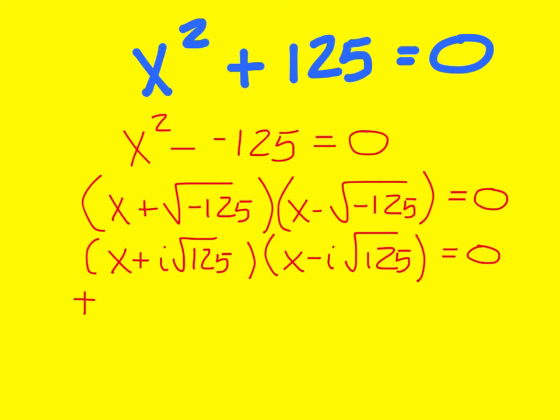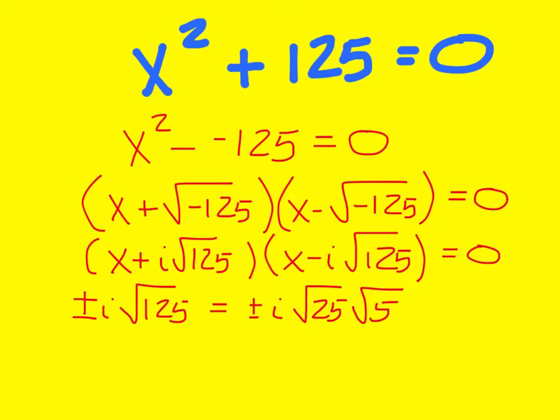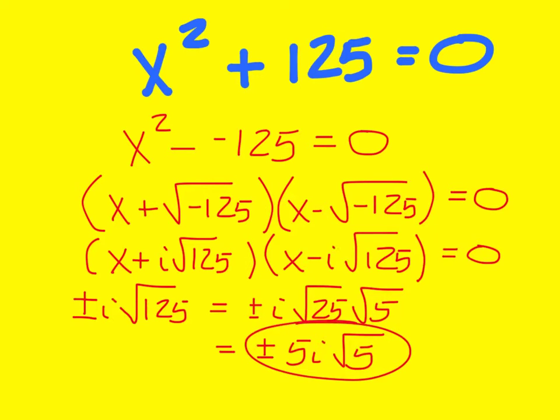And your preliminary answer is plus or minus i square root of 125, but the highest perfect square that comes out of 125 is 25, and you would multiply that by 5. So your answer is 5i square root of 5.